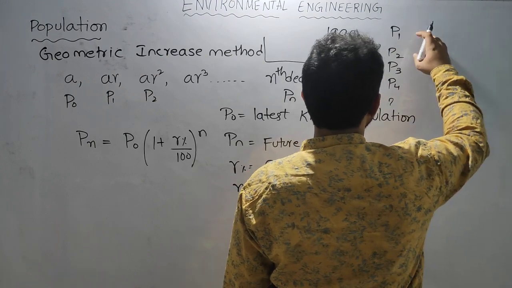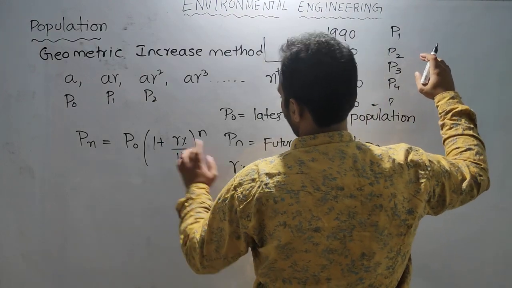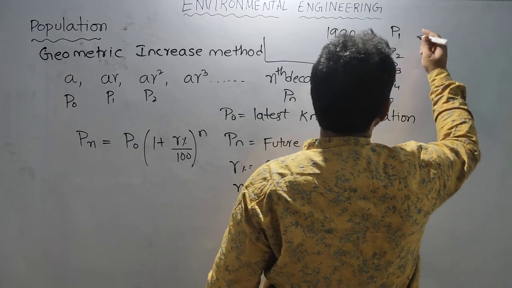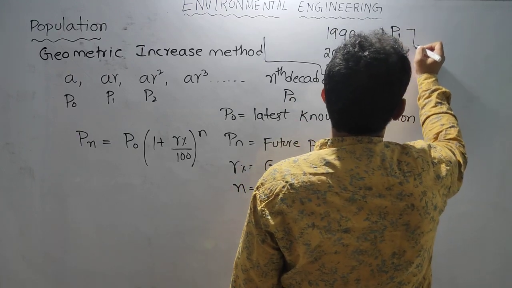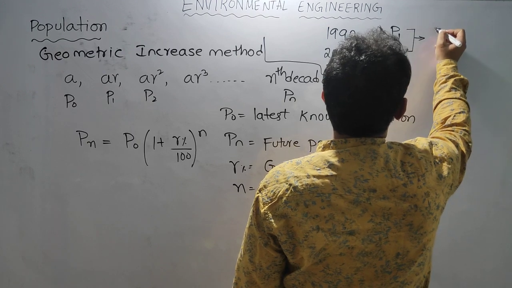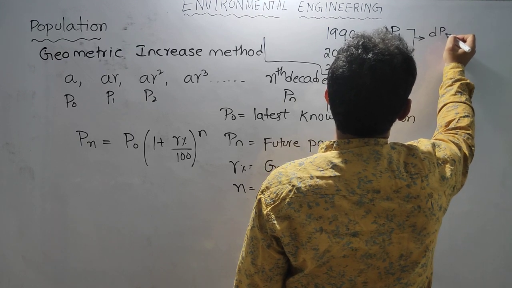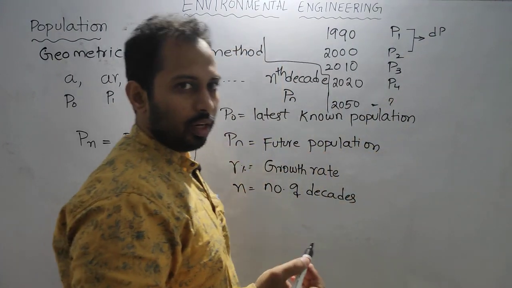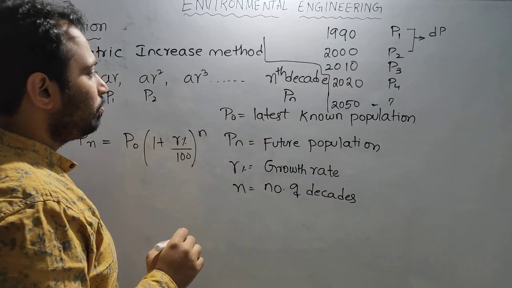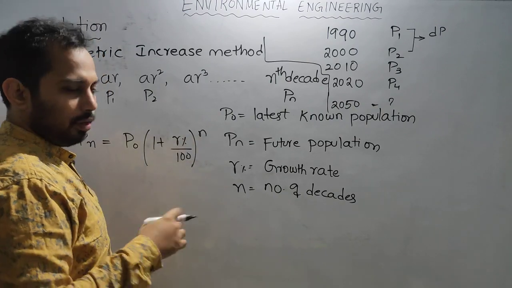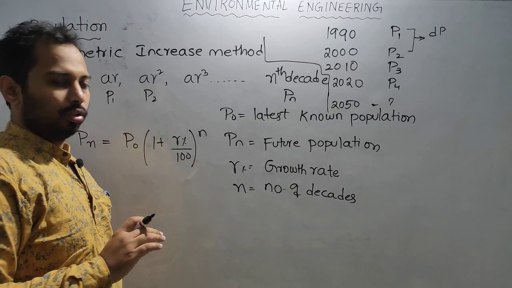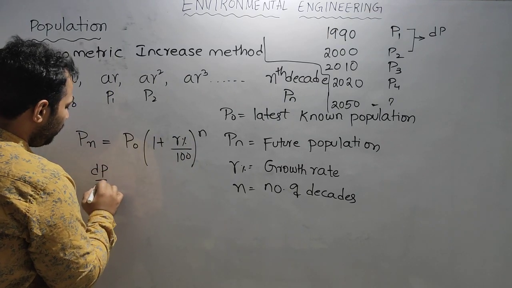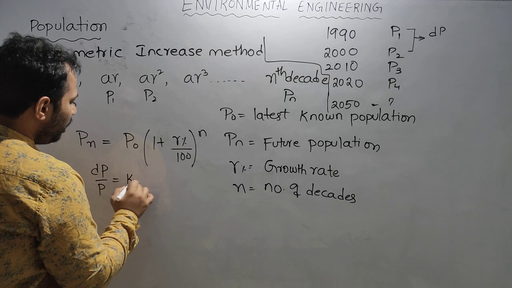R is nothing but the growth rate. In our derivation, dP/P is equal to k into delta t.